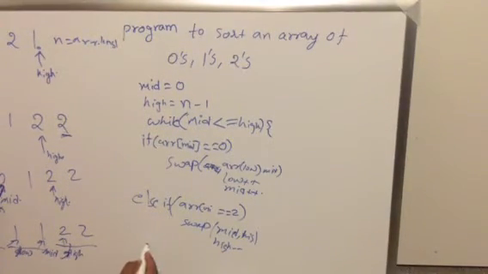Else if array of mid is equal to 1, then don't swap anything, and the mid pointer will move on, mid plus plus. Then return the array.